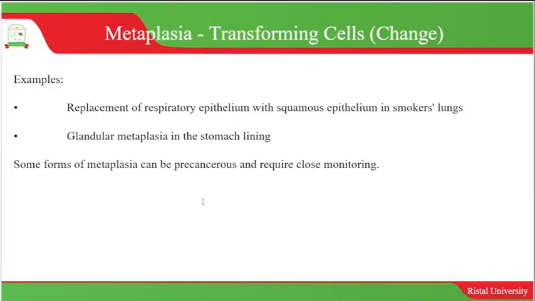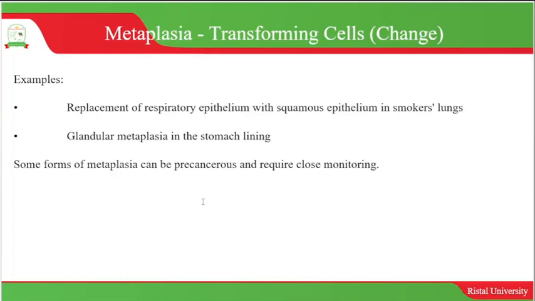And then another example is the glandular metaplasia in the stomach lining in response to continuous exposure to HCl when there is erosion of the gastric mucosa, the gastric lining, and this may also lead to a transformation into cancer of the stomach.